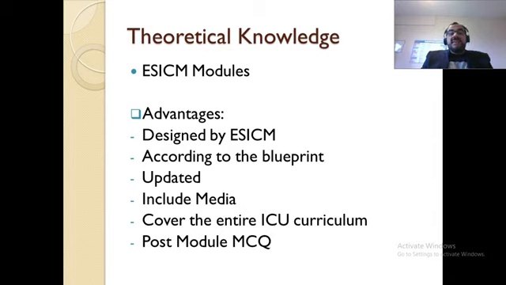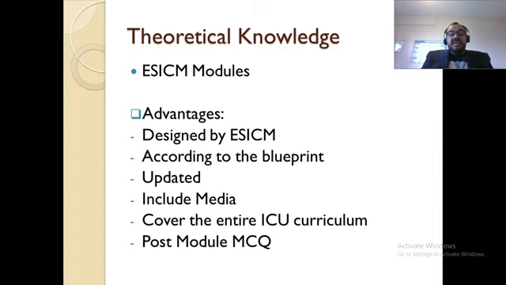One of the other advantages of the ESICM modules is that they include media. So while navigating in different modules, you will find the links for different lectures or webinars or conference videos that is extremely helpful, and it also helps people who prefer video and lectures to consolidate their knowledge. We are different in the ways that we receive information.